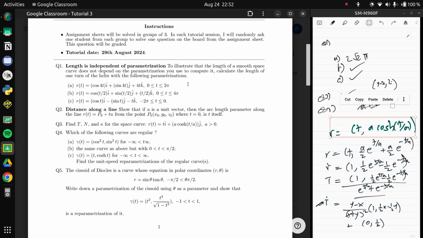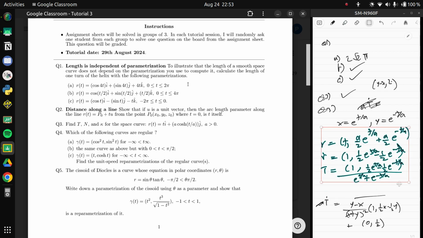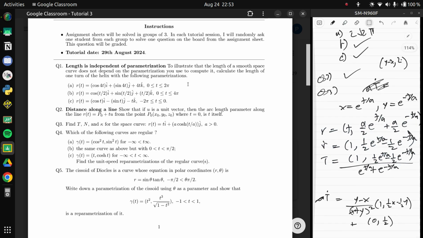First of all, just remove this thing. Just remember, x is e power t by a, y is e power negative t by a. Yeah, remember that and things will be nice. So you've got this r dot, and you also have your t thing. Now a t dot is what you're looking for.